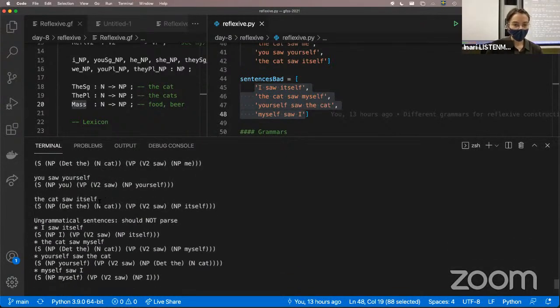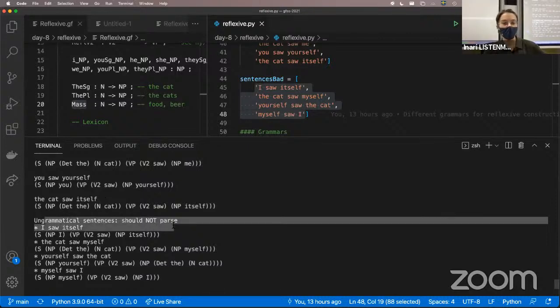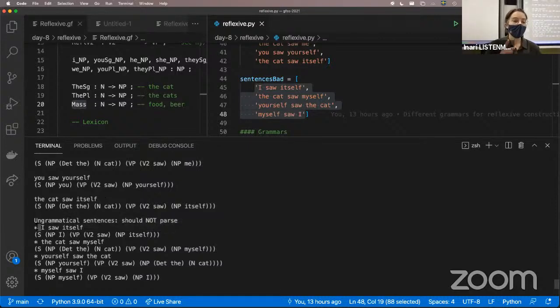But ungrammatical sentences should not pass. The star is a convention to show ungrammatical output or input. But it's very happy to parse I saw itself, the cat saw myself. As said, this was the naive baseline.